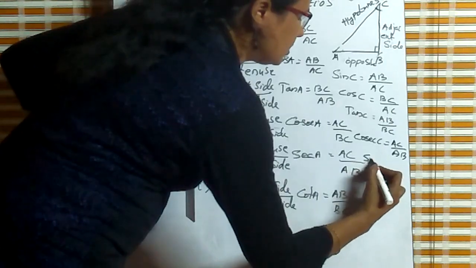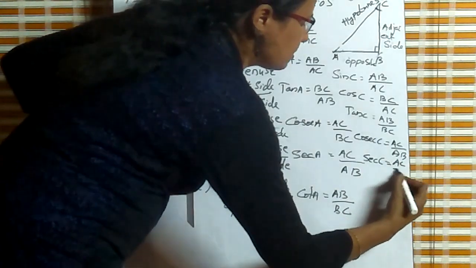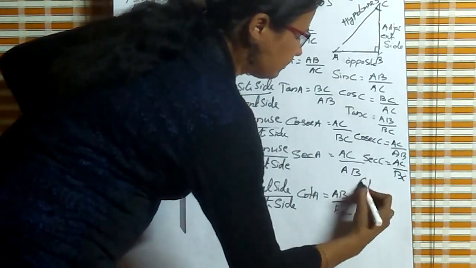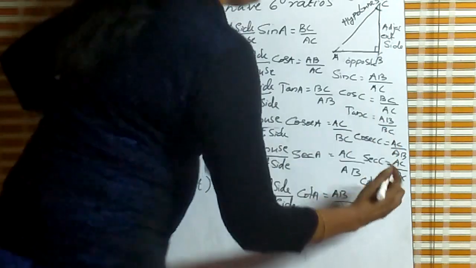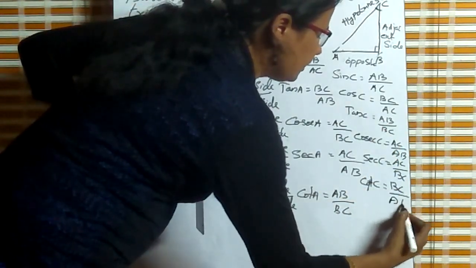Then sec C is the reciprocal of cos C, AC by BC. And cot C is the reciprocal of tan C, BC by AB.